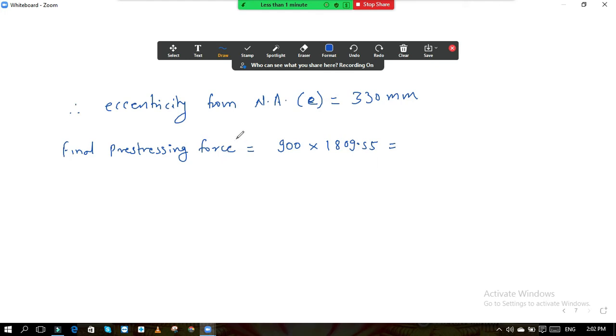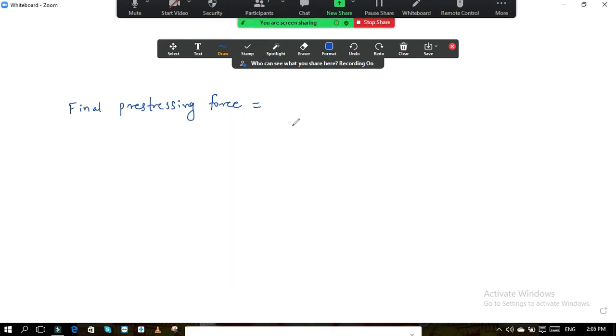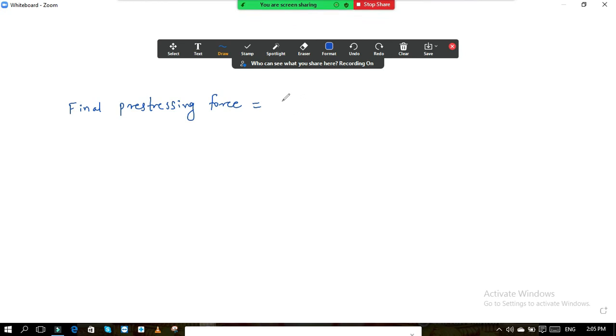Okay. So if you now solve this, what is the answer of this? 900 into 1809.55. So the final prestressing force is 900, that is stress in steel, into area of steel, 1809.55.